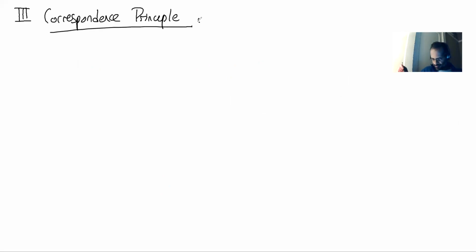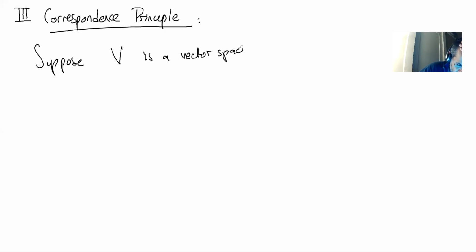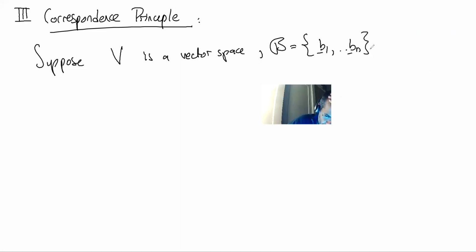So the correspondence principle is based on a very simple observation. Suppose V is a vector space, and you have a basis for V, B1 through Bn. Okay.